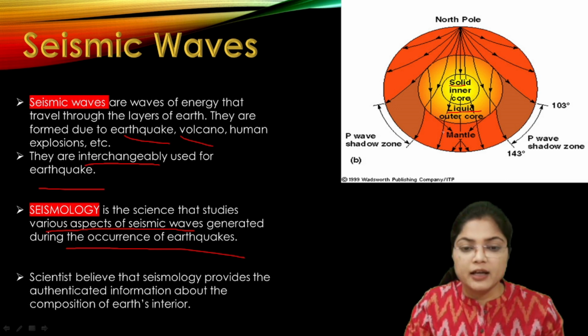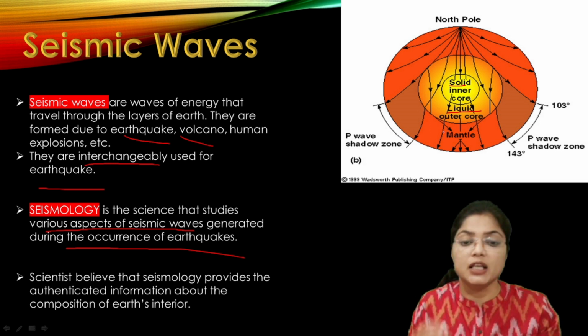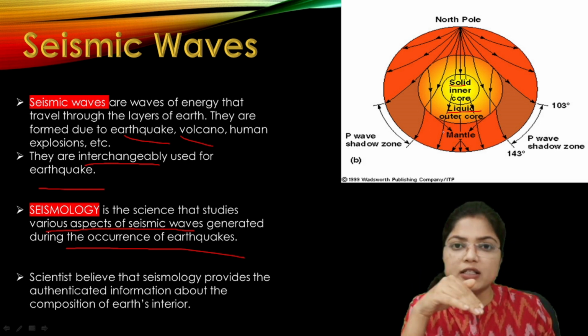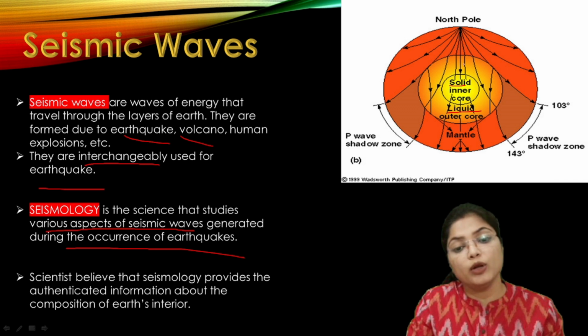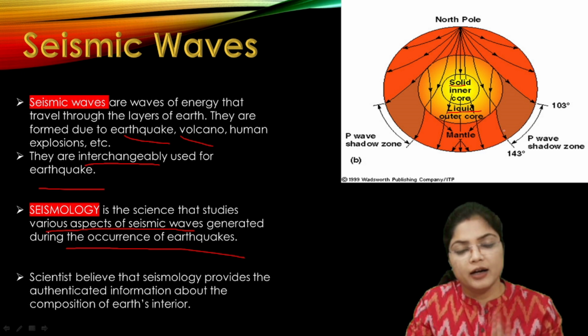It says that Earth is not homogeneous in nature. That means if it would have been in homogeneous condition, then there would have been only straight lines in the interior of the Earth, and there would have been no diversion, no curve formation inside the Earth. But we can see there are curves formation, there are diversion also. That means Earth has heterogeneous nature.